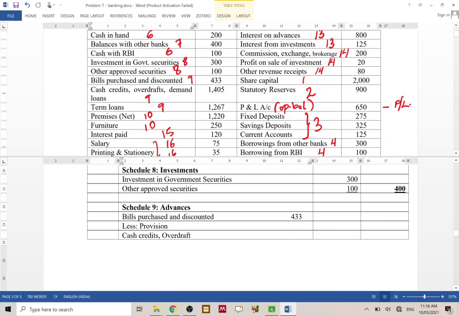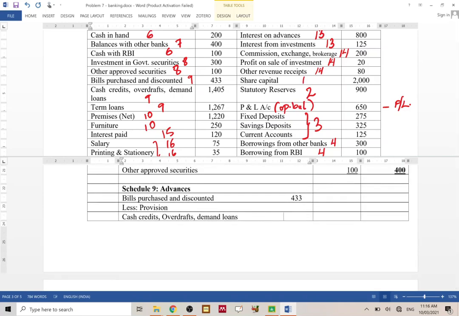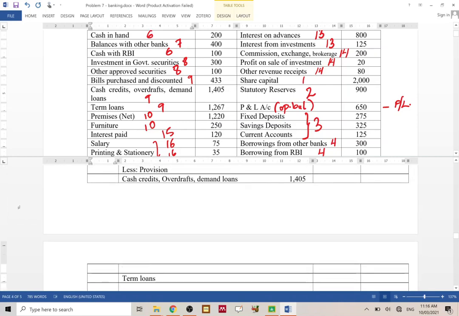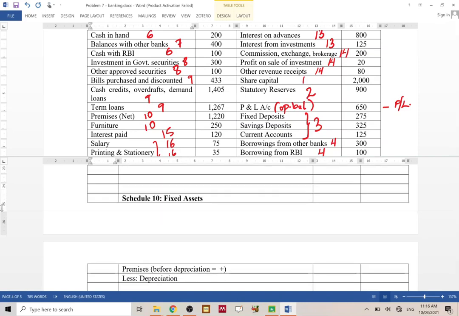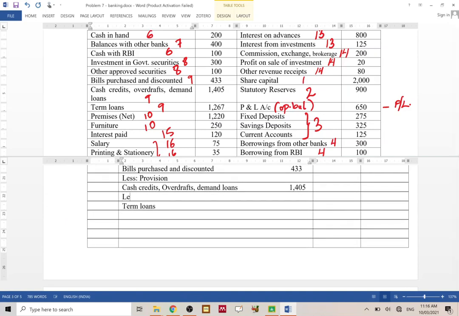Overdrafts and demand loans amount is 1405. Once again, in the inner column, but maintain another line for writing the adjustments related to provisions. So less provision.